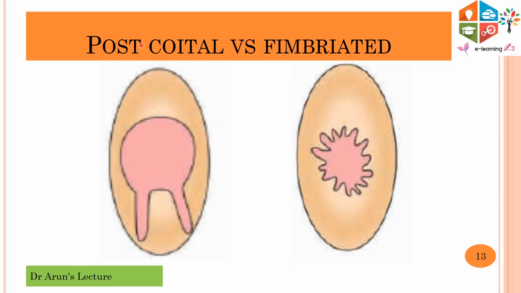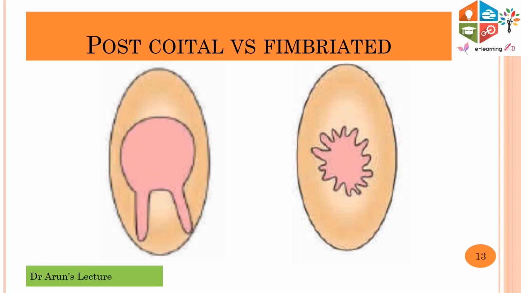In the postcoital type they are most commonly located at the 6 o'clock position, or otherwise at the 7 o'clock or 5 o'clock position, meaning on the posterior aspect. But in the case of fimbriated, the tags will not reach up to the peripheral margin, by which it can be differentiated from a postcoital type of hymen.